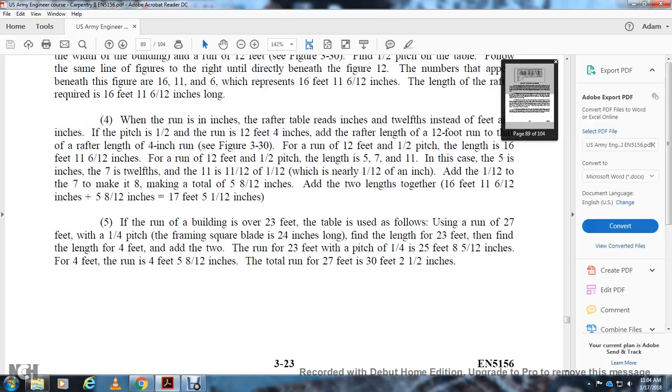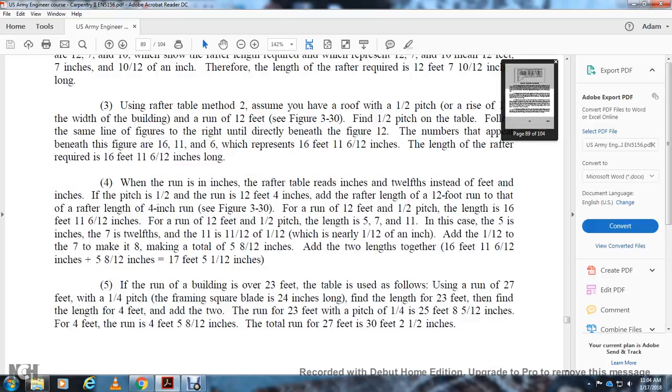When running inches on the rafter table instead of feet, if the pitch is 1/2 and the run is 12 feet, the rafter length is 16 feet 11 and 6/12 inches. For a run of 4 feet, 1/2 pitch, the length is 5 feet, 7 and 11/12 inches, which is nearly 1/2 inch.